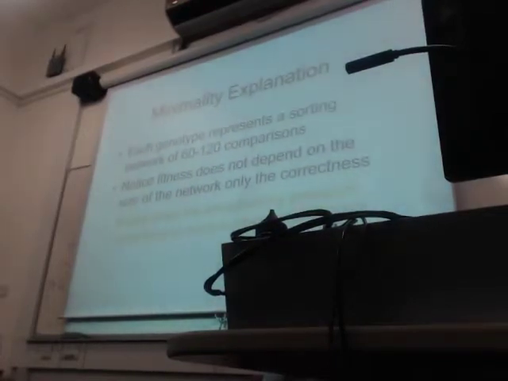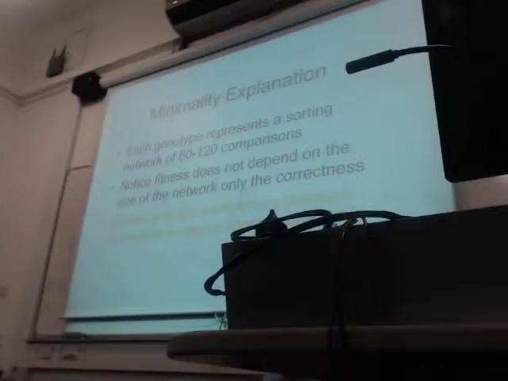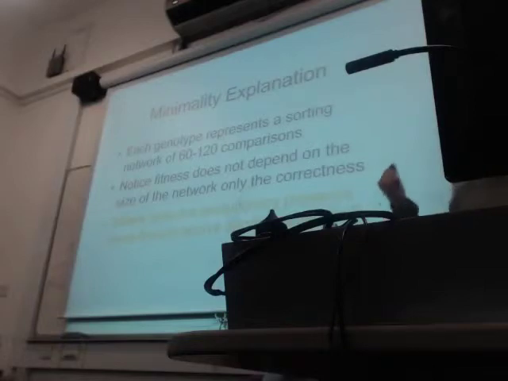So this is where an interesting idea comes in. Recall that the fitness of a given individual was measured only by the percentage of test cases sorted correctly. So in the fitness function, there was nothing that said, I prefer a shorter network to a longer network.